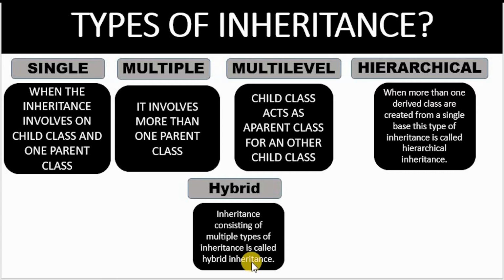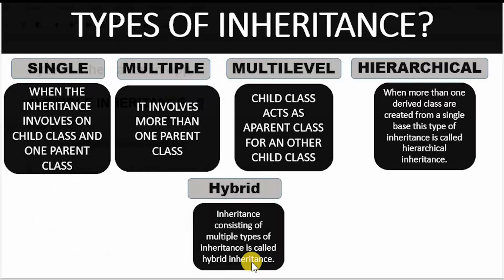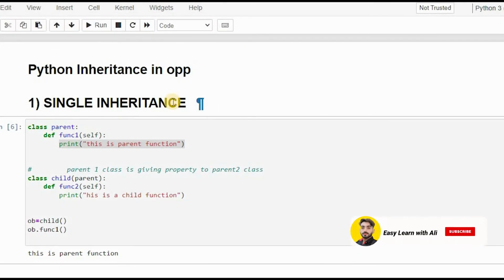How can we run the programs step by step? Now we are going to code here what single inheritance is, and we will see all the inheritance types in this part. So let's start with single inheritance. In the starting, I have created the class Parent with the help of the class keyword.